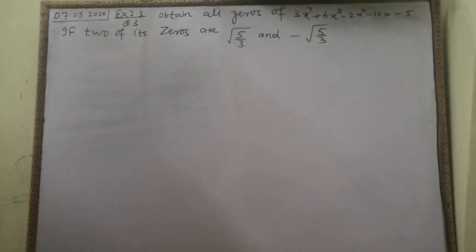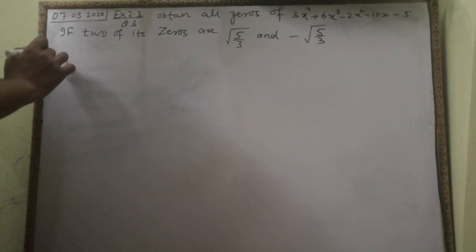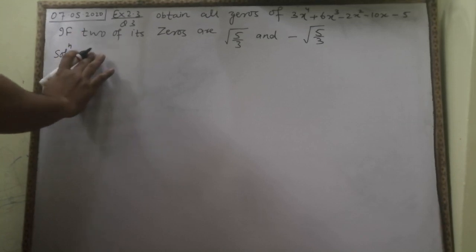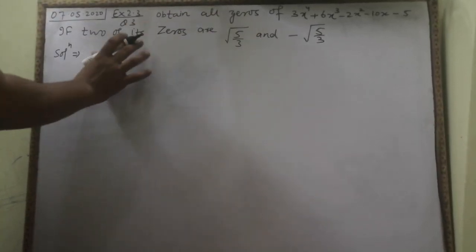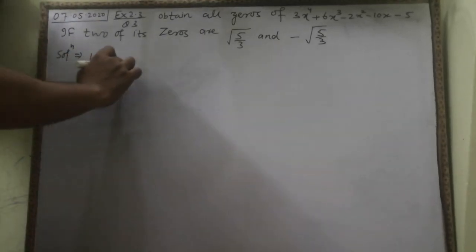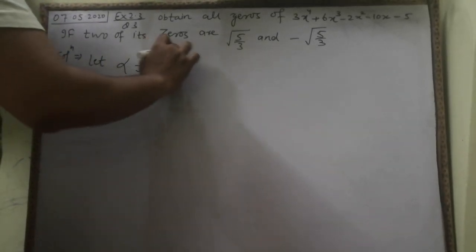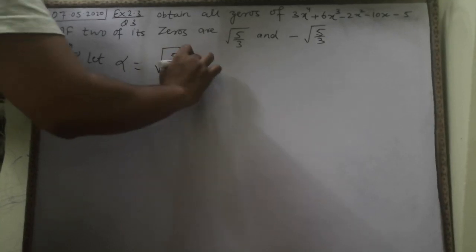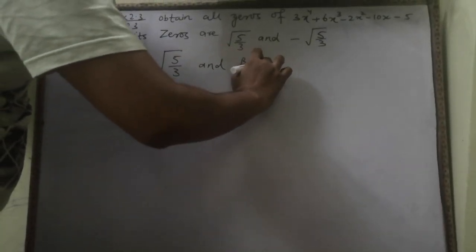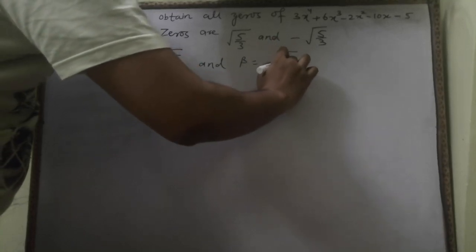First, what we will do for this, we will let alpha be equal to root 5 by 3 and beta be equal to minus root 5 by 3.